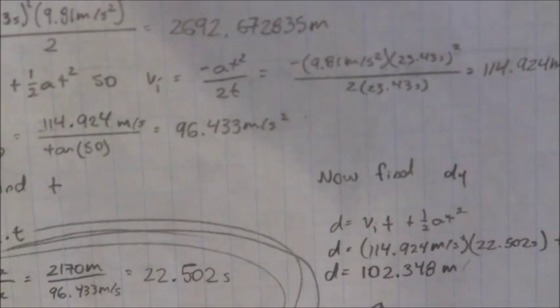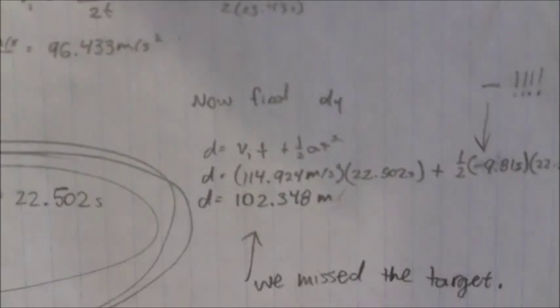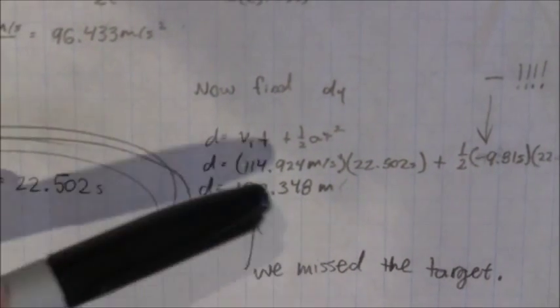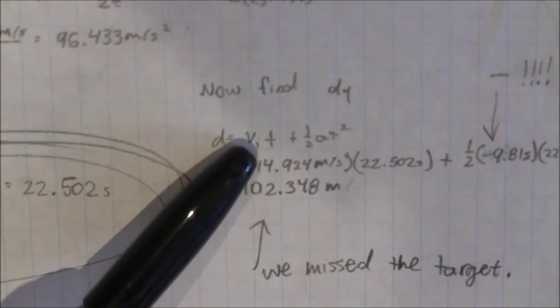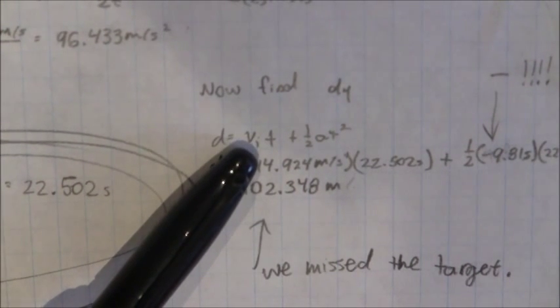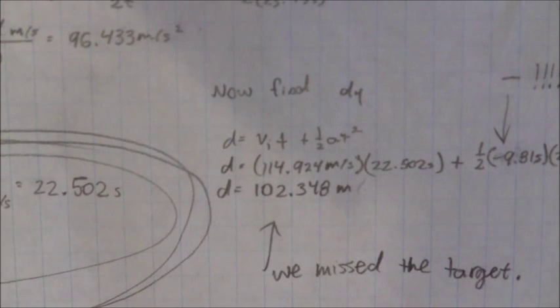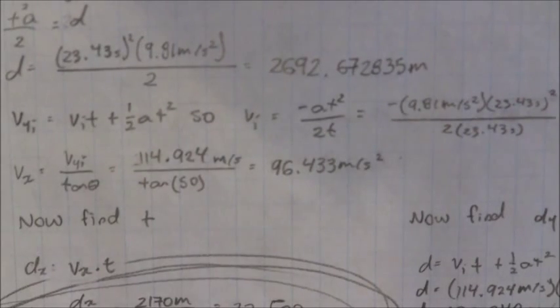Now, what do? Well, we just plug directly in. We've seen that formula before. This is our vertical component of our velocity, and we just find the vertical position when we know our horizontal position and time.